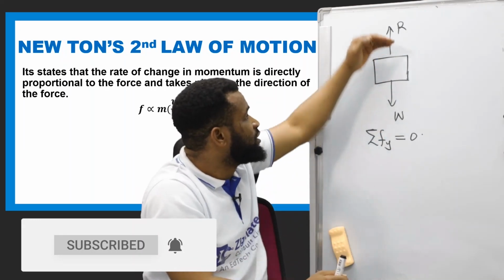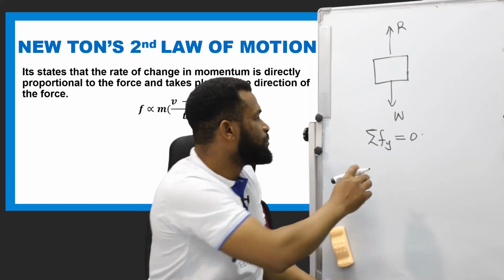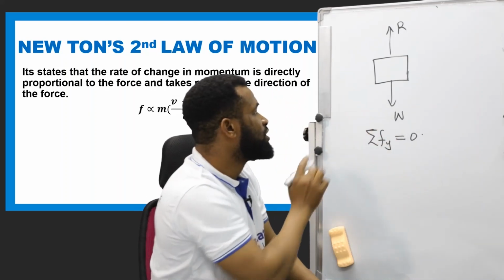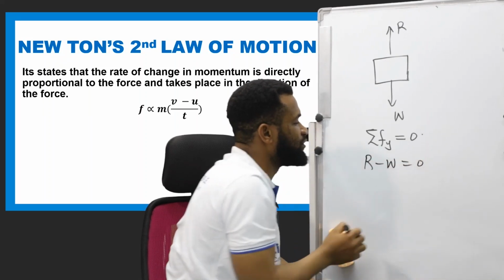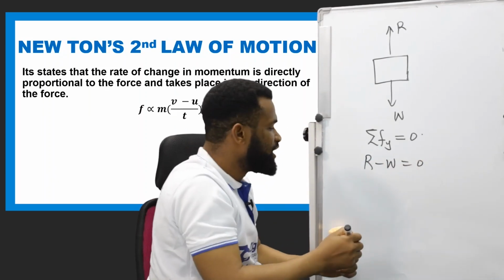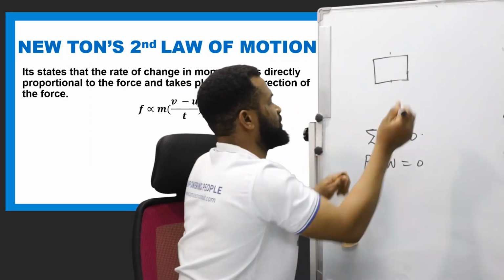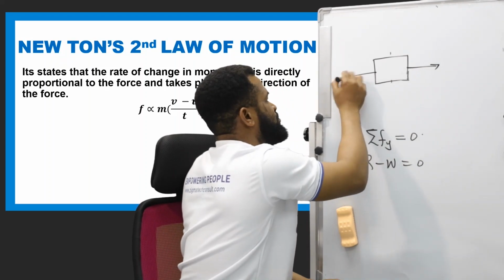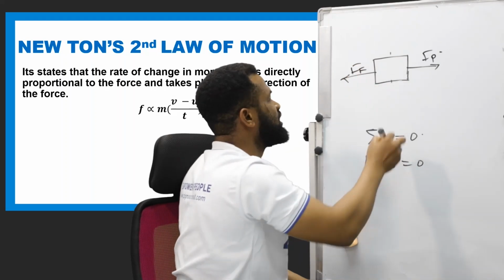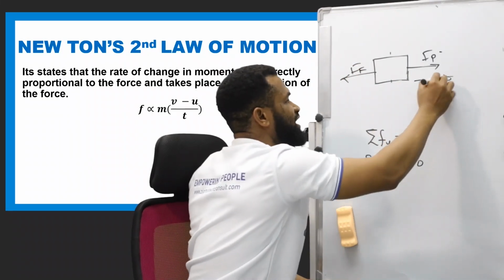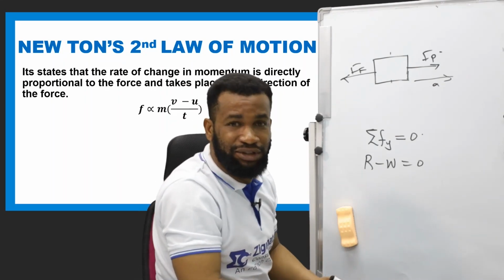So that means the upward force and the downward force must sum to 0. Simply put, this is the way it is in the textbook. If the body is not moving upward, it means that R minus W is equal to 0. However, if I also remove this, we said that the applied force, and probably the frictional force, if the body is moving in this direction with an acceleration, then we say that the body is no longer in equilibrium.